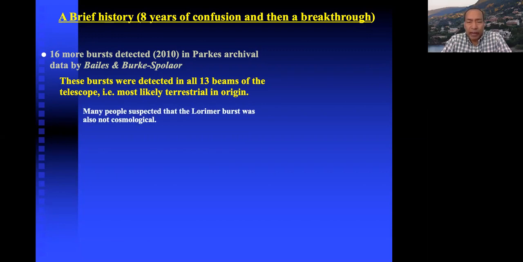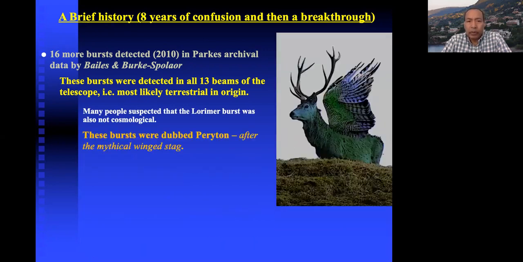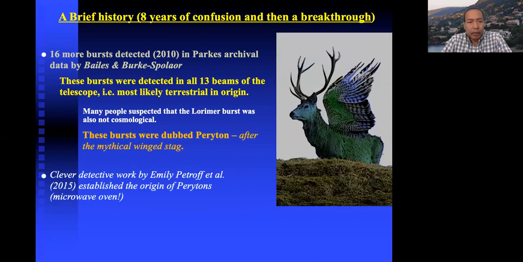And many people suspected that the very first burst detected by Lorimer and collaborators was also not cosmological. They were dubbed perytons, or mystical winds. Very clever detective work carried out by Emily Petroff, who was a graduate student at that time, established the origin of the perytons to be microwave ovens, to be specific, premature opening of the microwave. Microwave leaks out, detected by the telescope.